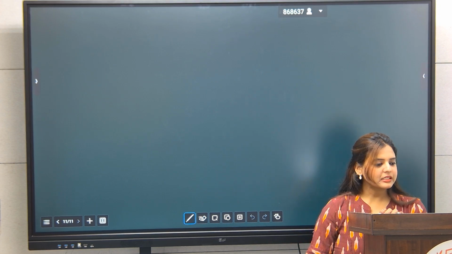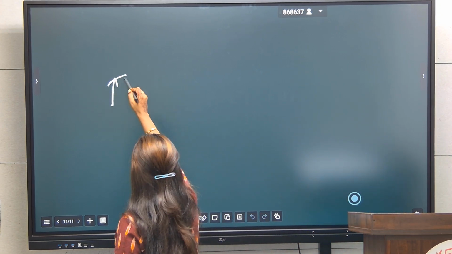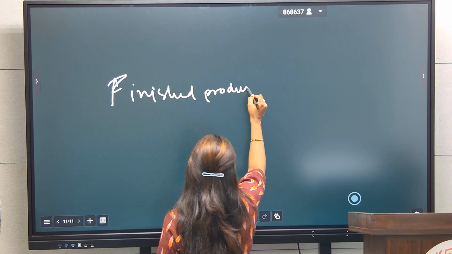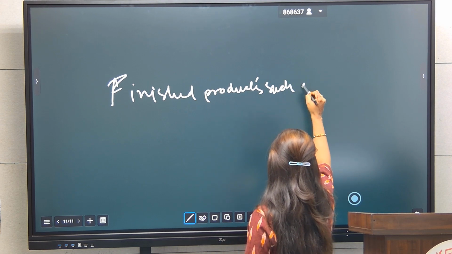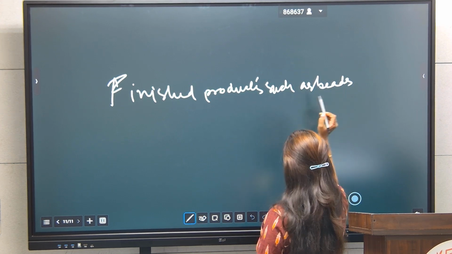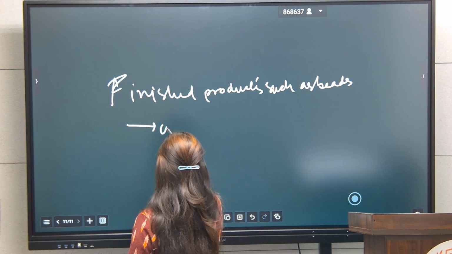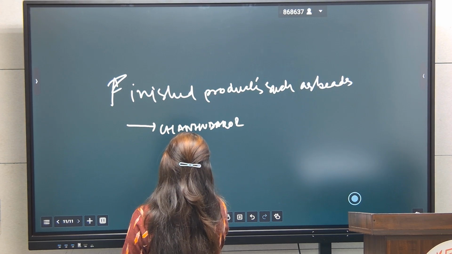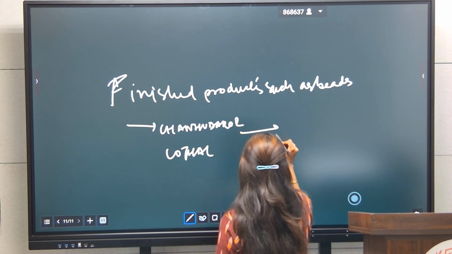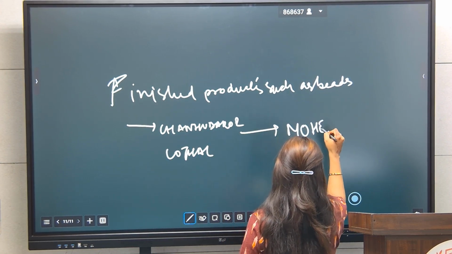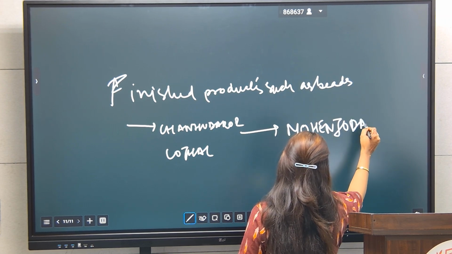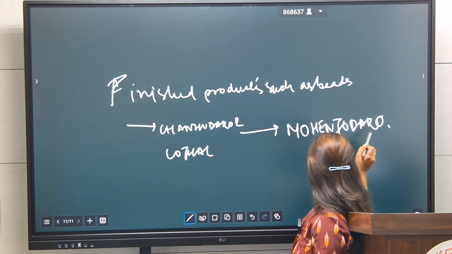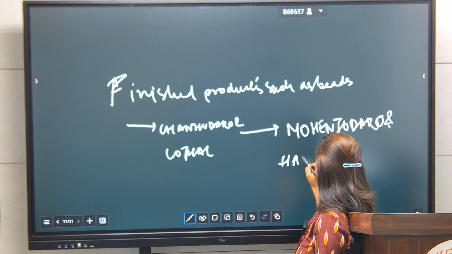Finished products such as beads were also taken from Chanudaro and Lothal to big cities like Mohenjo-daro and Harappa also.